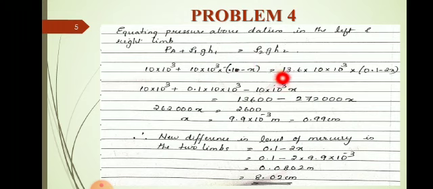Rho 2 g is 13.6 into 10 into 10 raised to 3, and h2 will be equal to 0.1 minus 2x. So in this equation the only unknown is x, and you can solve for x and find out the value of x as 0.99 centimeter.